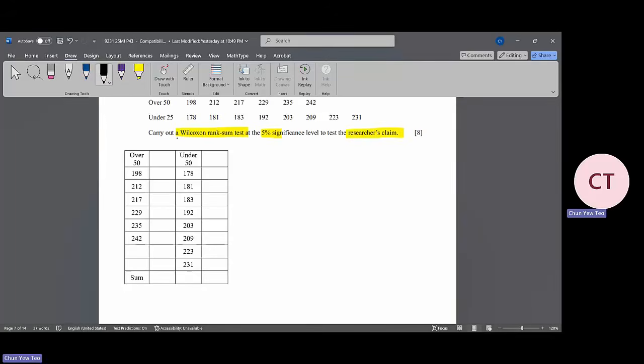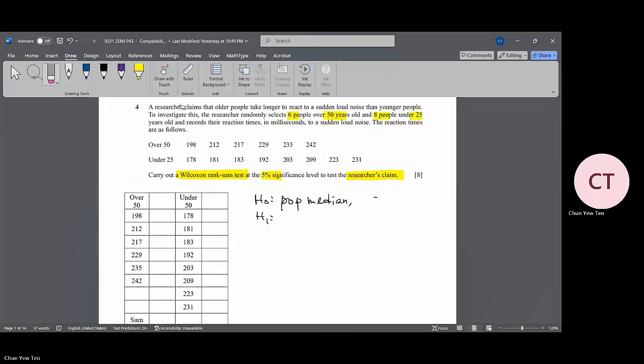So to save time, I built the table over here in this way for you all. And before that, we can write down our null hypothesis and the alternative hypothesis. The null hypothesis is that the population median M over here, according to the researcher's claim, says that older people take a longer time to react to a sudden loud noise than the younger.